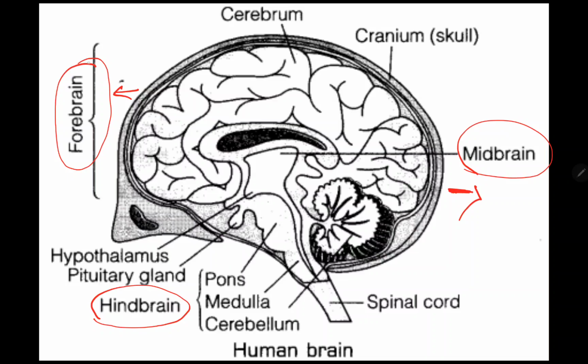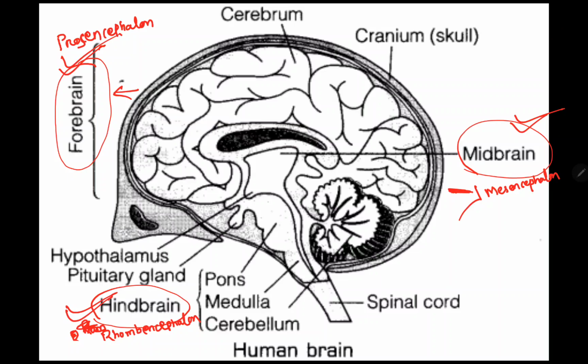Okay, so the brain is divided into three parts: forebrain, midbrain and hindbrain. The forebrain is also called prosencephalon. Midbrain is called mesencephalon and the hindbrain is called rhombencephalon.